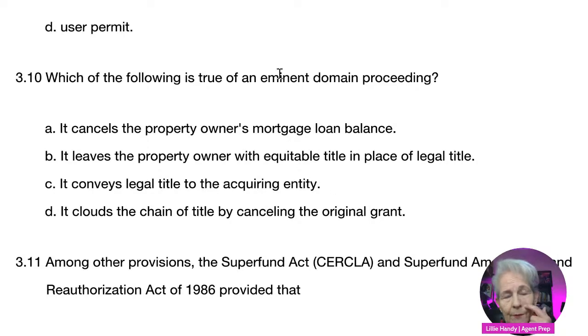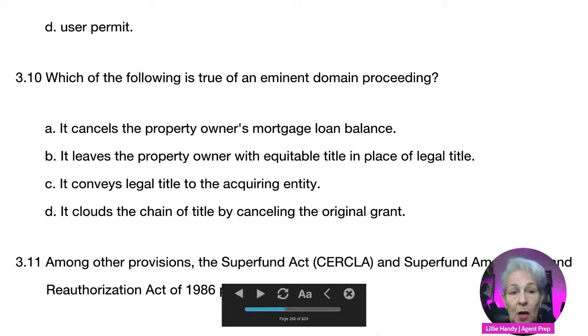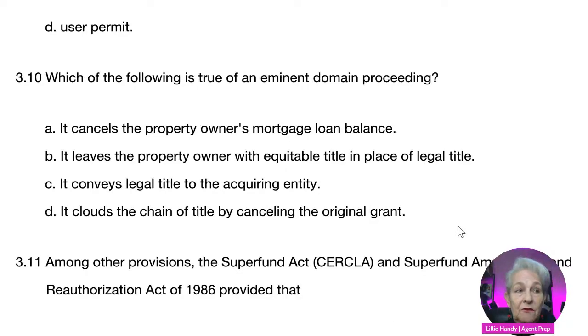So in eminent domain, that takes property for public use from an owner. They have to pay the market price, which sometimes the owners may not agree that that's the market value of their property. However, the government takes over the property.